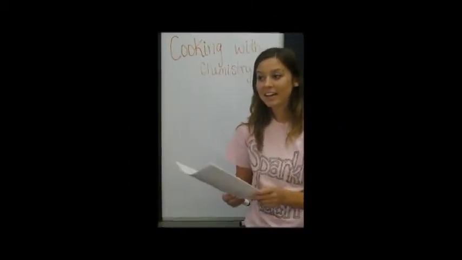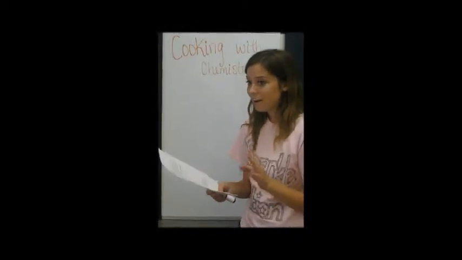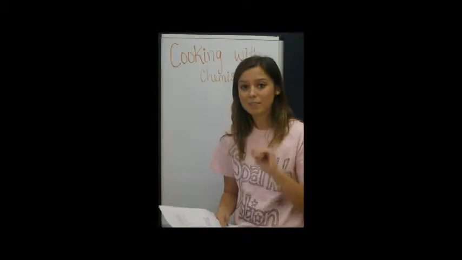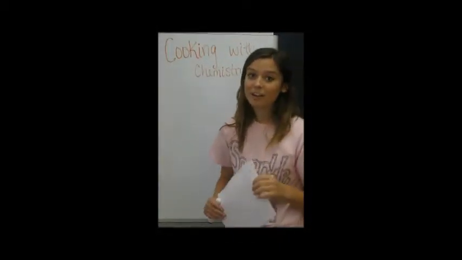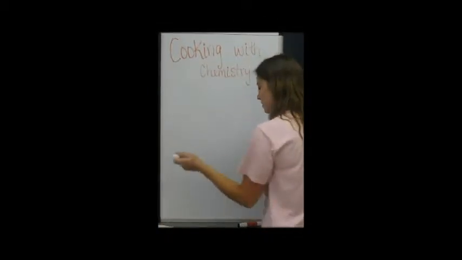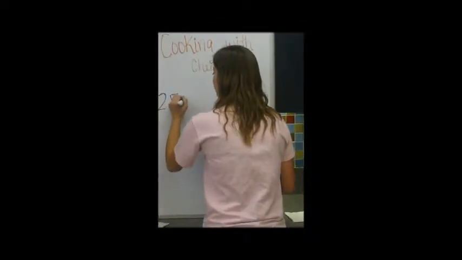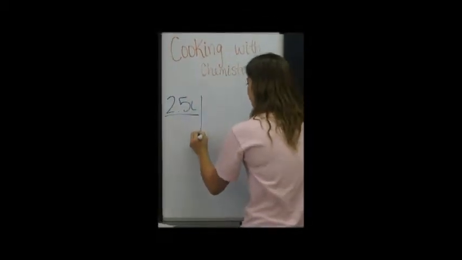Okay, so Randy, if you want to measure 2.5 liters in cups, what you need to remember is that in every liter there are 1000 milliliters, and then in every milliliter there is 0.00423 cups. So let's write that out just to make it simple. If you have 2.5 liters of water, you want to convert it to milliliters first.